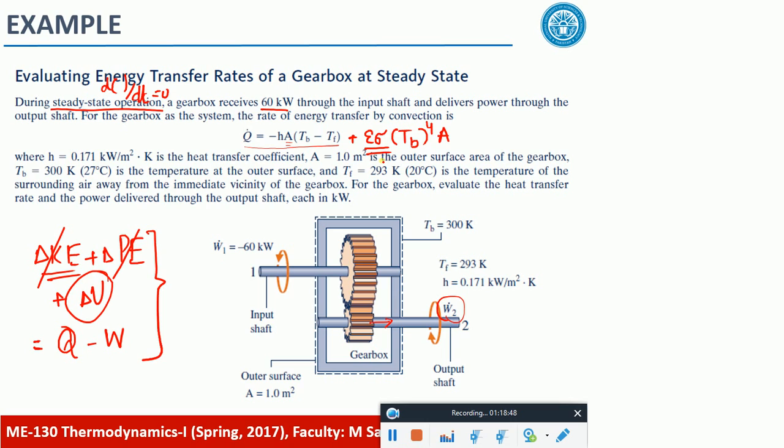You should be able to see whether this answer is correct or not by just looking at the number. For example, if someone is saying that heat is being lost from the system and the temperature is going up, is it possible? No.